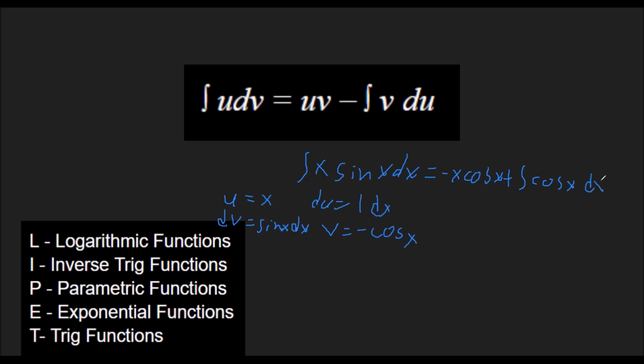I should have allotted more space, so we'll just carry this down to here. So we end up with negative x cosine of x. Now, what's the integral of cosine? It is just sine. So we end up with this, and we must add plus c at the end. So the integral of x sine x is equal to negative x times cosine of x plus sine of x plus c.